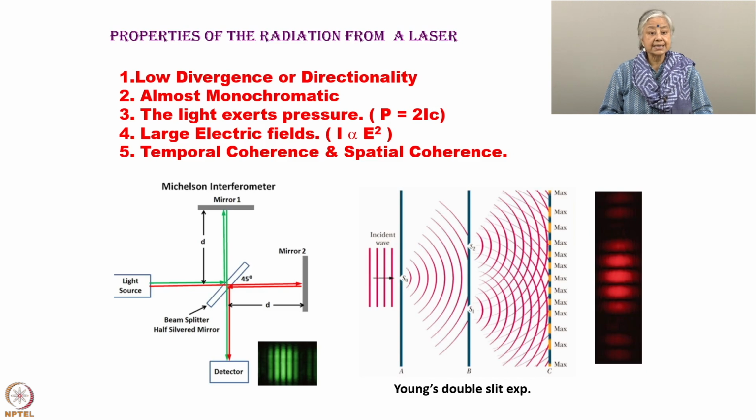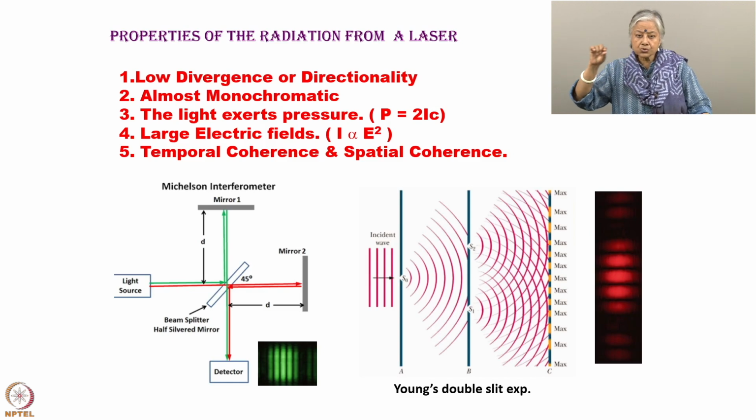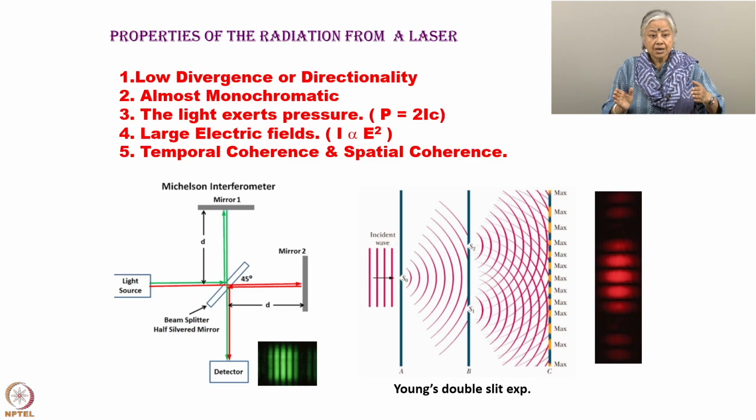First, lasers have very low divergence and are very directional. That means you get a pencil thin light. If you have noticed on laser pointers, it goes to a very large distance because the divergence is low, and it has directionality.